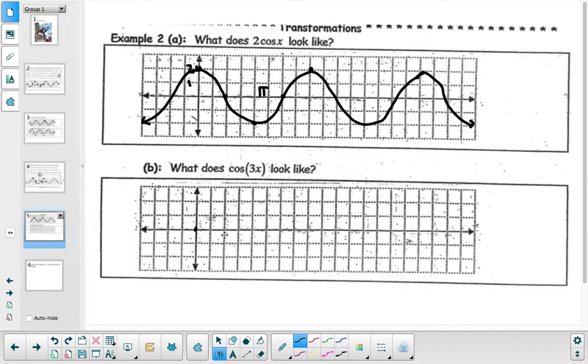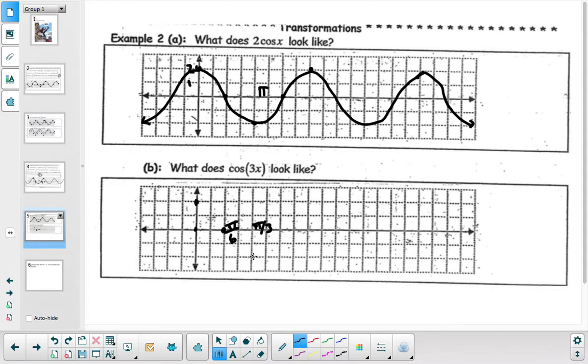So I'm going to divide all of my values by 3. I have been saying pi over 2, so pi over 2 divided by 3 is pi over 6. So really, I have a pi over 12 scale going on. Starts here, goes down. The next thing would be 2 pi over 6. You can leave it as 2 pi over 6, or you can simplify it to pi over 3.